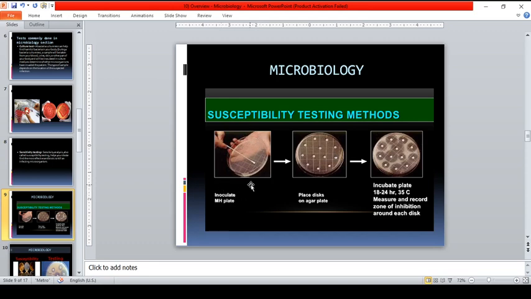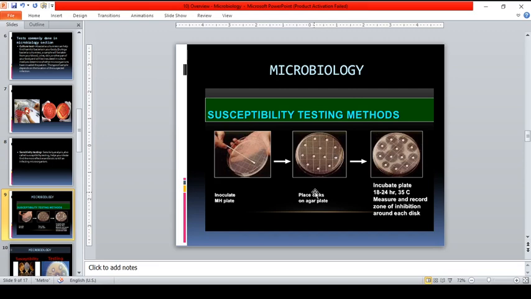So, in the process, you will get a small sample of the bacteria. Okay? So, you mix that with saline solution. Then, that will be inoculated in Mueller-Hinton agar. So, the disc will be placed. What are these discs? Antibiotic discs.